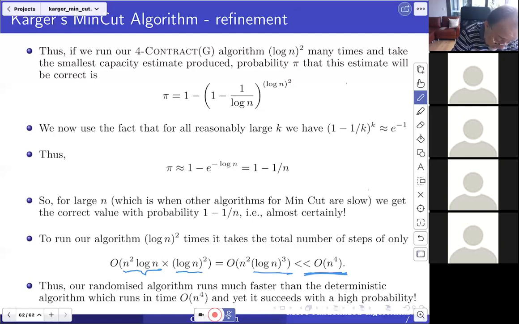And in this way, you amplify the probability to 1 over log n. Log n is crucial in randomized algorithms. Why?